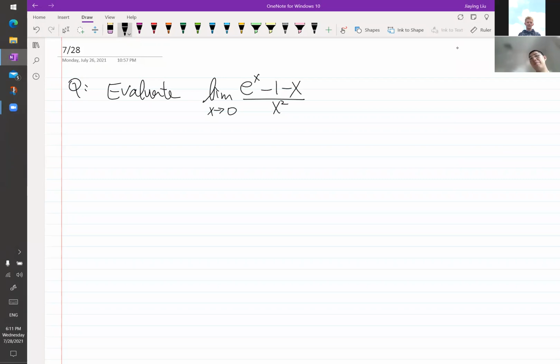There are a couple of ways to find the limit. One is that you can try to use L'Hopital's rule, because if we plug in 0 directly, we get e to the 0 minus 1 minus 0 divided by 0 squared. So it turns out to be 0 over 0. We cannot determine the limit. So you can use L'Hopital's rule. That should work.